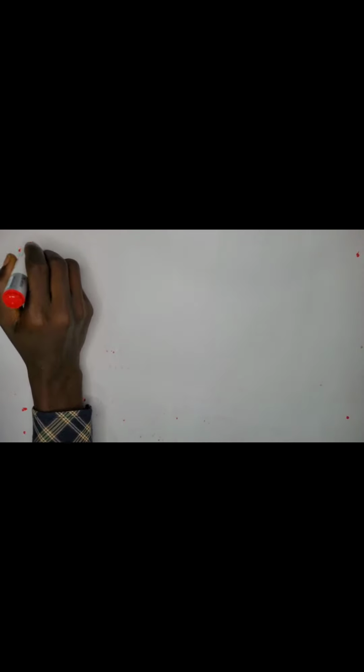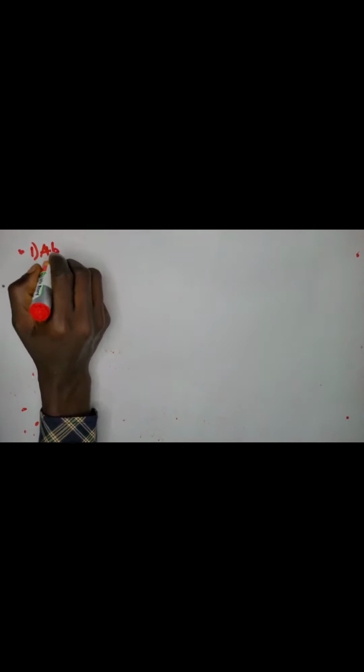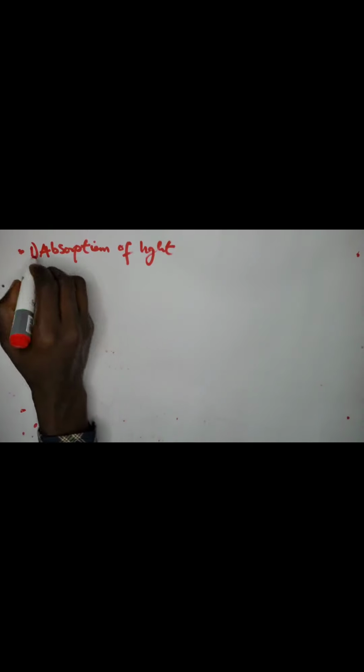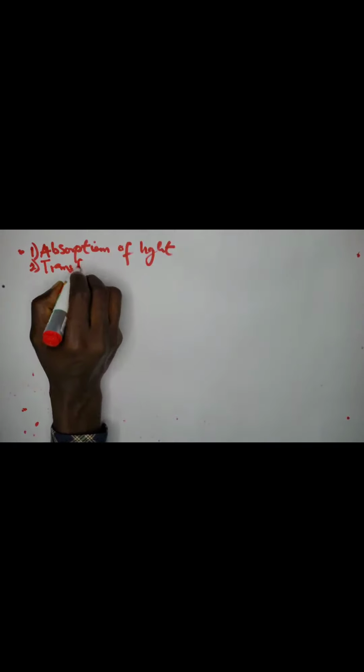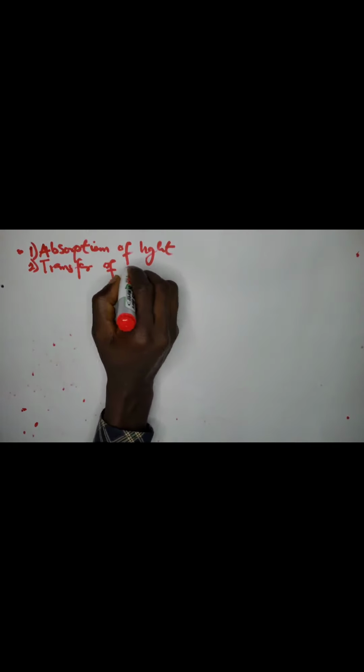Now, I've already said the light reaction, four things go on there. Number one, absorption of light. And number two, transfer of electron.